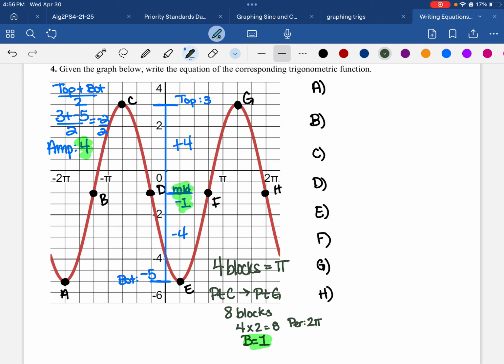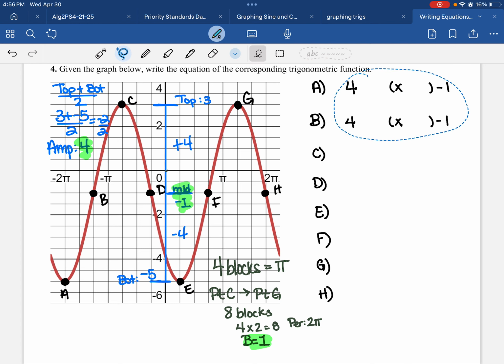So what I have in every single question without fail is an amplitude of 4, no b value to change, theta or x, and some movement left and right, minus 1. So 4, x in parentheses, minus 1. And I'm going to copy those so I don't have to write them every single time.